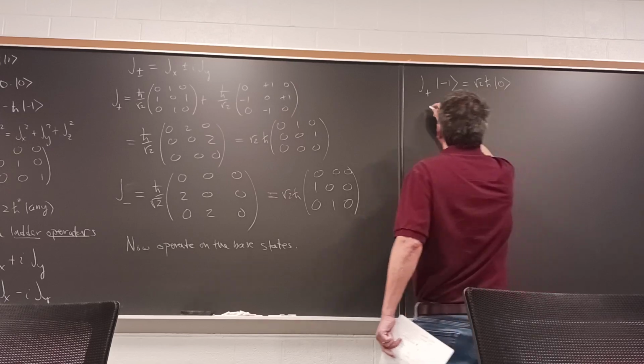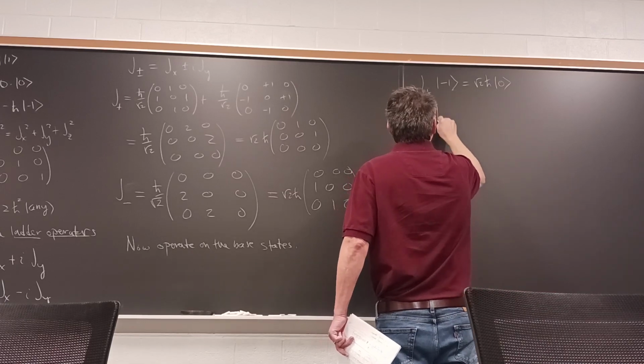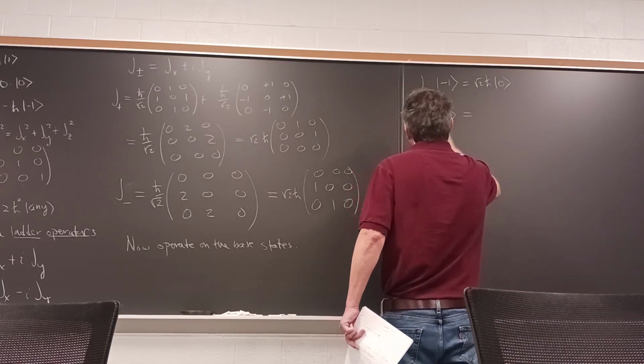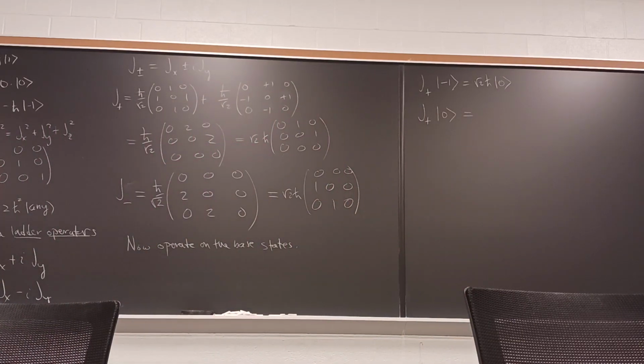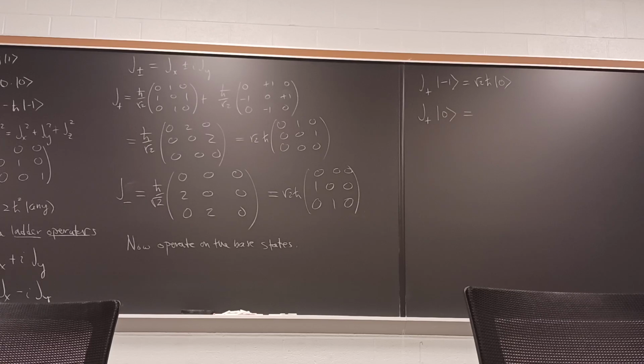Then J plus operating on the 0 state. Now you have to think about what this matrix is going to do when it operates on this state. Well, the top row will give me a 1, and then the middle and bottom rows will give me 0.